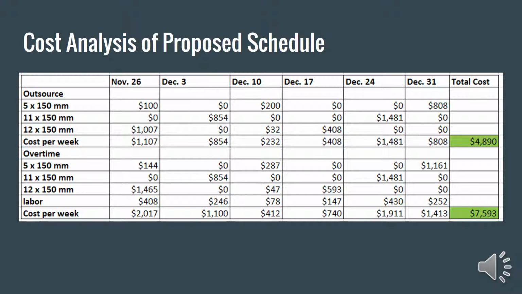That is why in the table above, the cost for the 11 by 150 part is the same. As you can see, it is better if we outsource the 5 by 150 and the 12 by 150. This would mean that we need to run overtime on the weeks that we have not met our demand for the 11 by 150 parts.